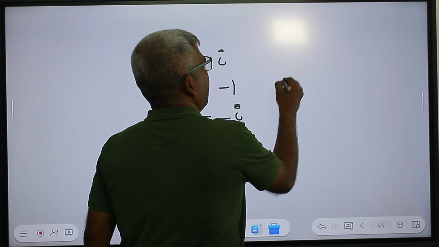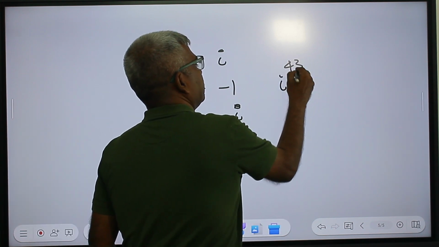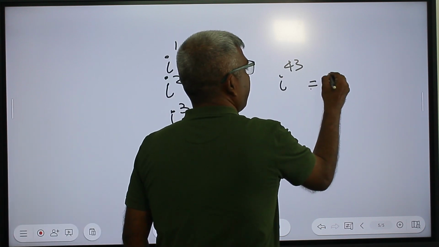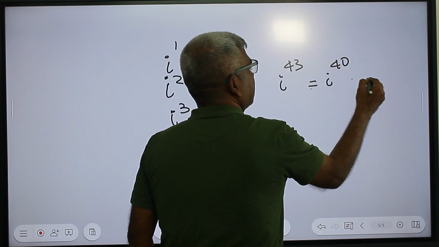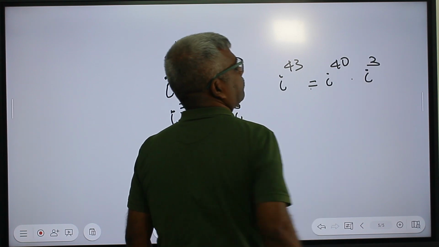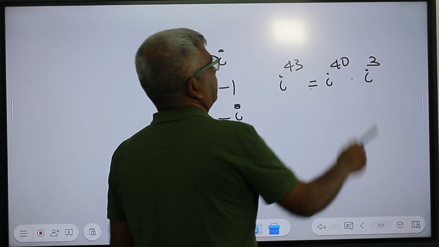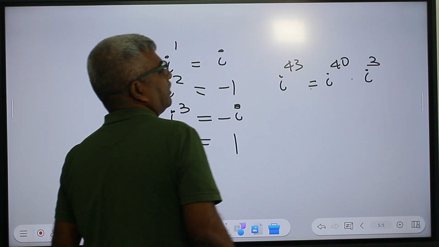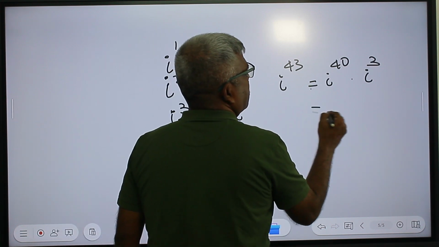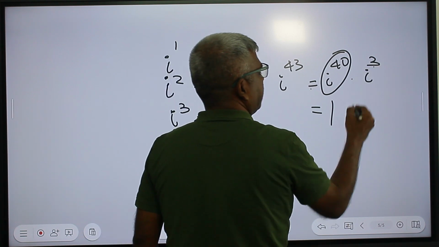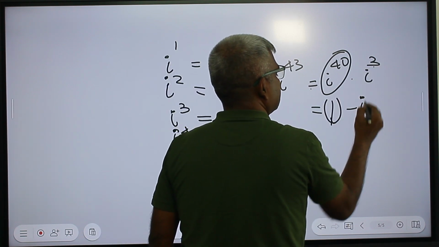Okay, suppose i power 43. That is i power 40 times i cube, using a power m plus n. Now, i power 40 is 1. i cube is minus i.